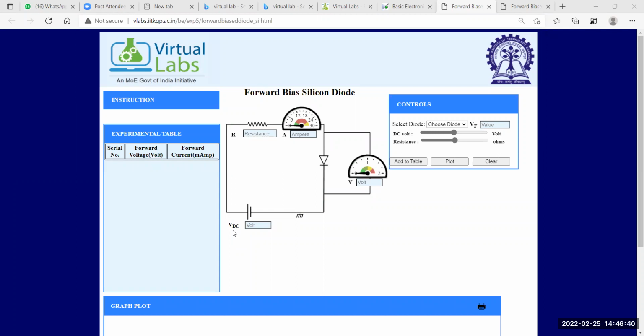I am asking only what is the full form of VDC. Voltage of direct current, you don't know?